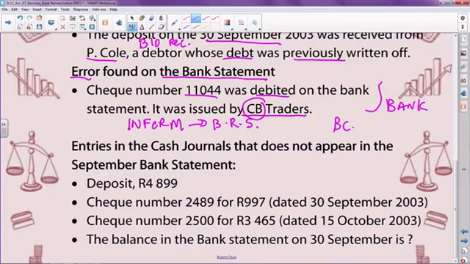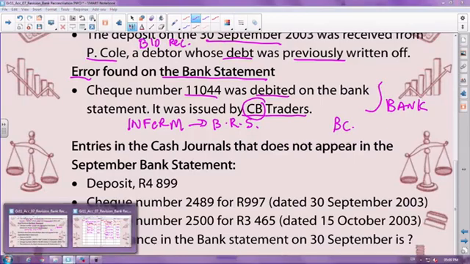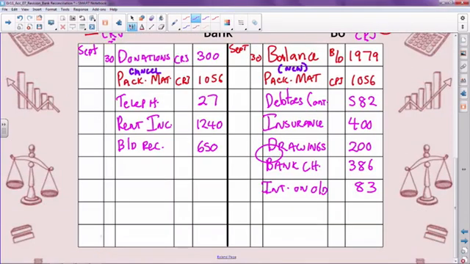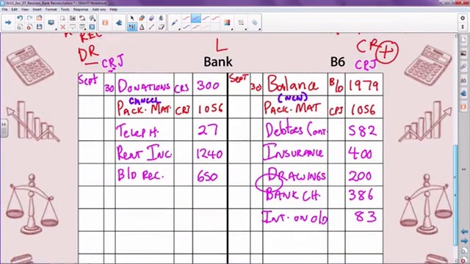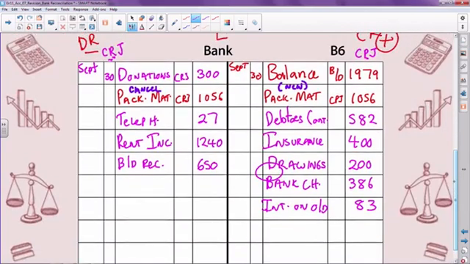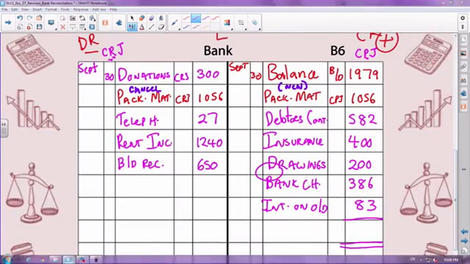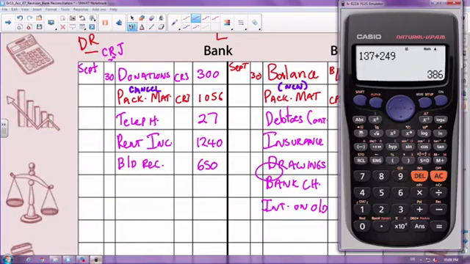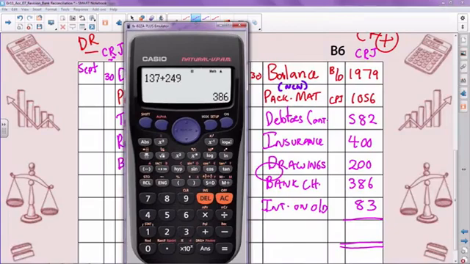It seems as though my bank account is still going to be an overdraft. So let's see if we can quickly add up. We've got about 8 minutes left. On the credit side, you guys can work with me. 1,979 plus 1,056 plus 582.